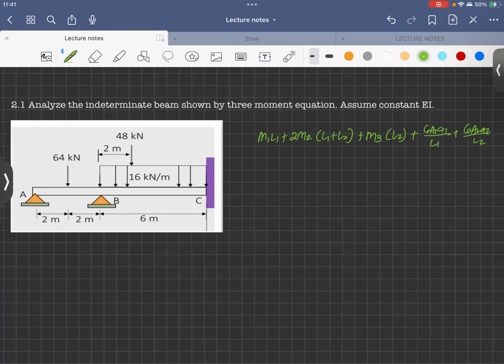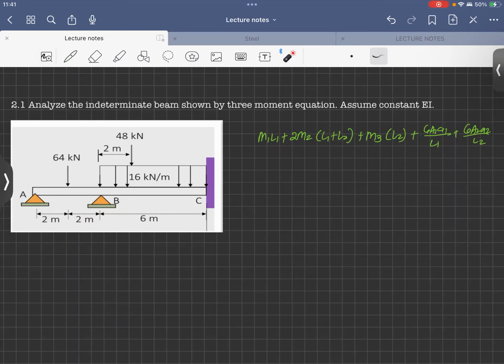So basically, yan po yung gagamitin. To be able to apply this equation, we need 3 points along the beam. So ang 3 points po is the 3 supports. So this will be your points. You have point A, point B, and then point C.